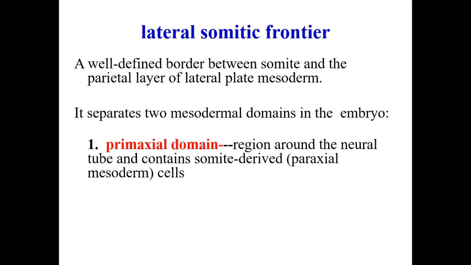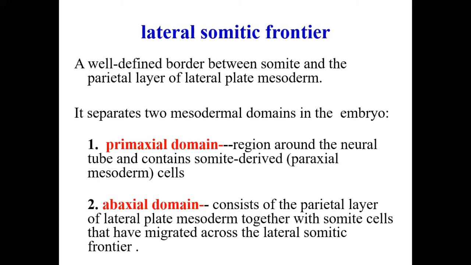What is the primaxial domain? It is the mesodermal region around the neural tube and notochord, and this contains the somite-derived cells, paraxial mesodermal cells. And what is the abaxial domain? This abaxial domain contains two types of mesodermal cells.